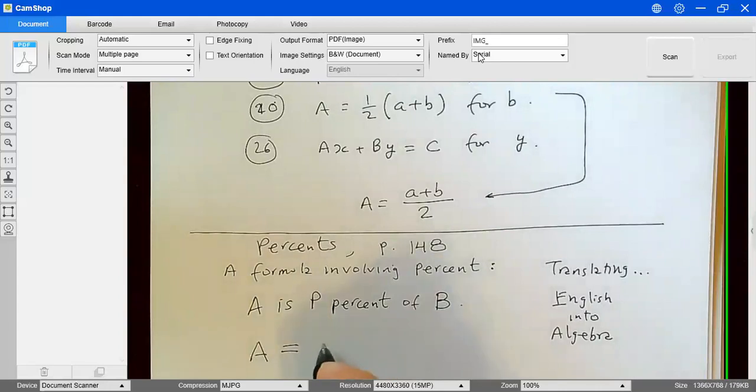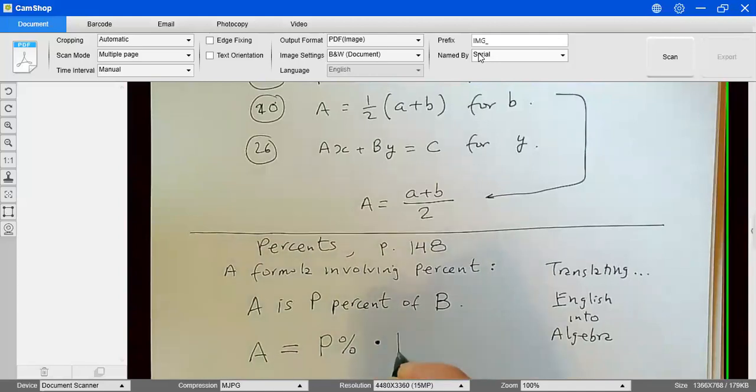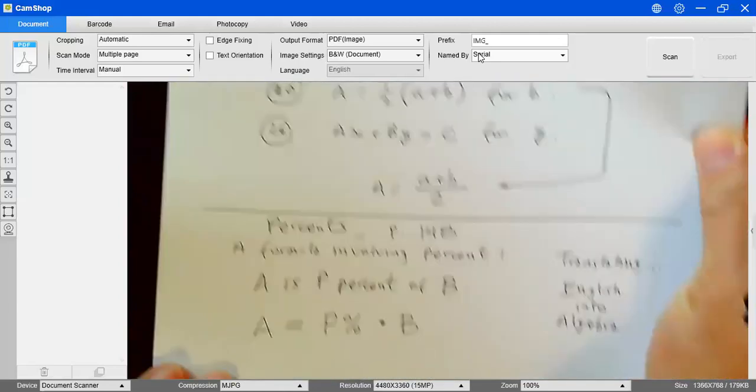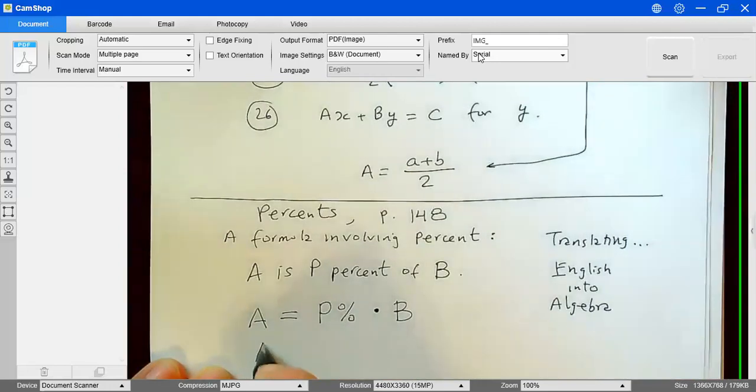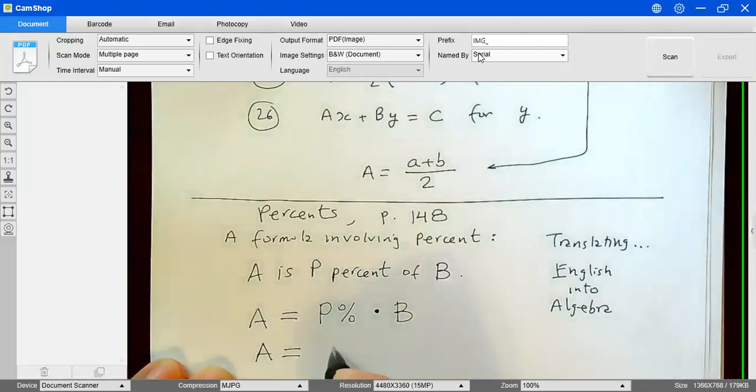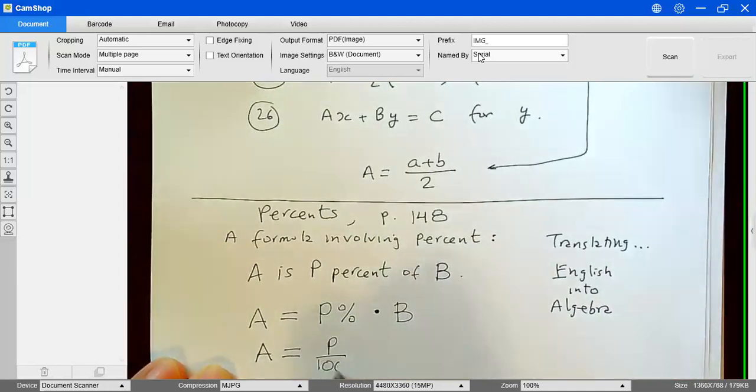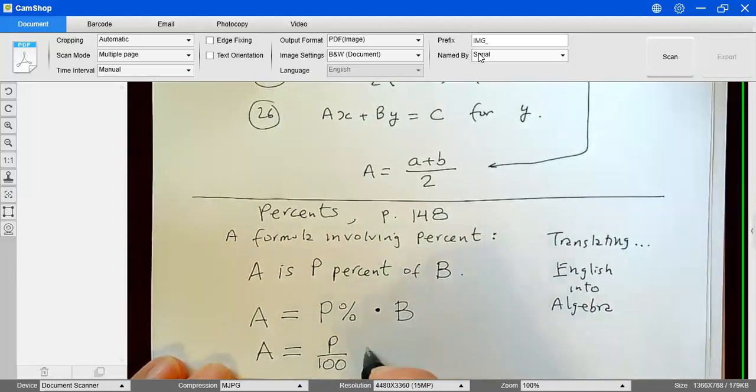P% we're going to write as P%, of is going to be the multiplication operator, and B. So A is P% of B. And to simplify our computations, we're going to rewrite P% in fraction form, P over 100.